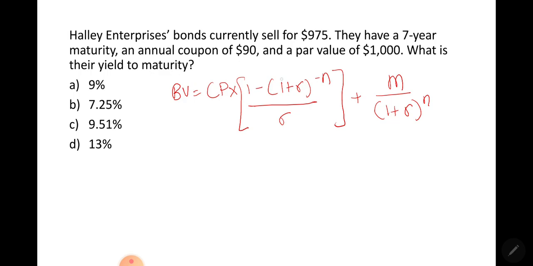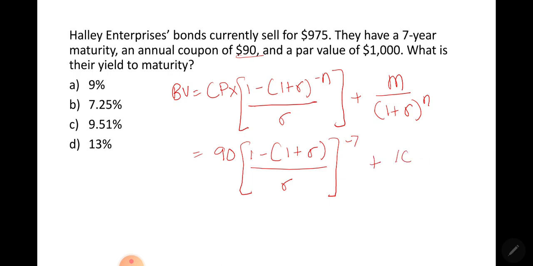The coupon payment over here is 90. We are supposed to calculate the R. N over here is 7.